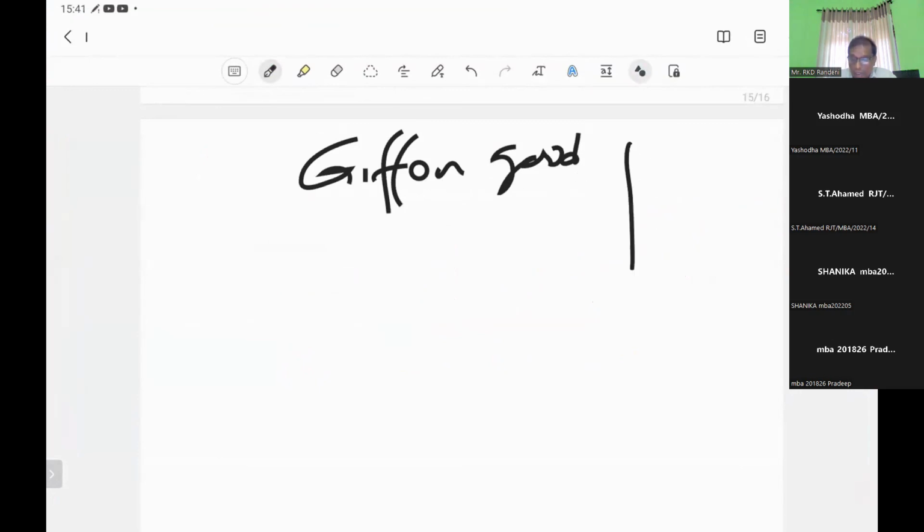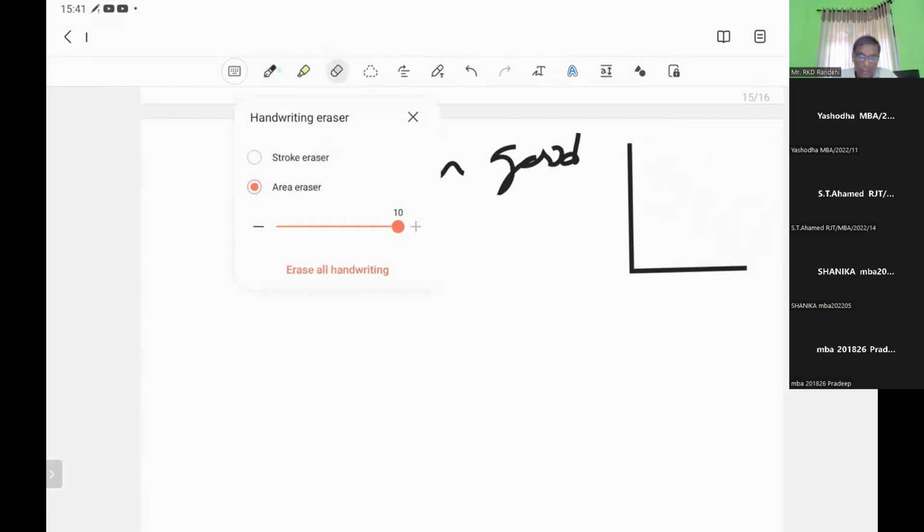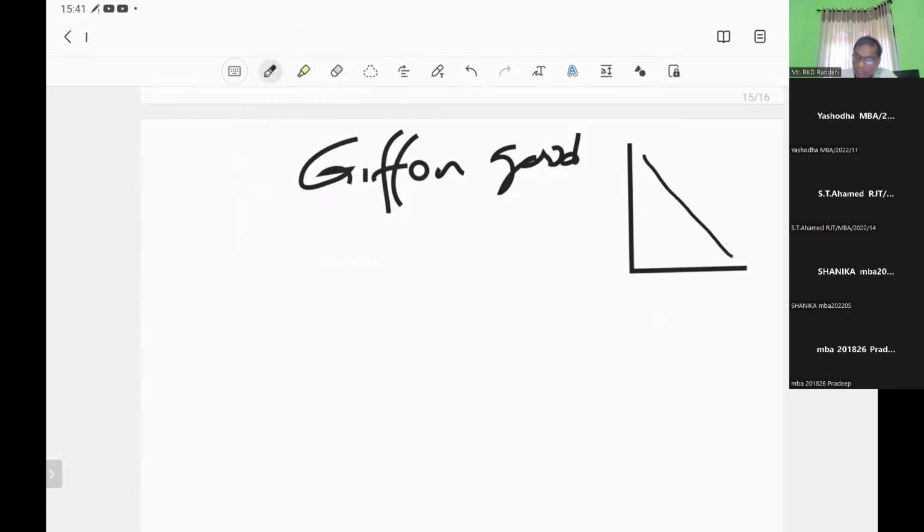Now for a normal commodity, this is the demand curve, sloping downward from left to right, right? Here quantity X, price of X, left to right downward. When the price is high, the demand is less; when the price is reduced, demand is high. That is the normal commodity.